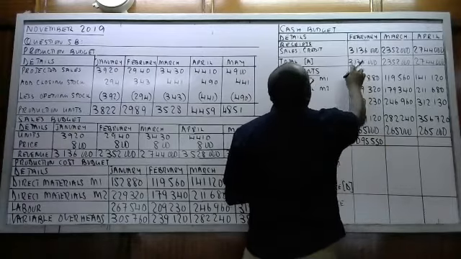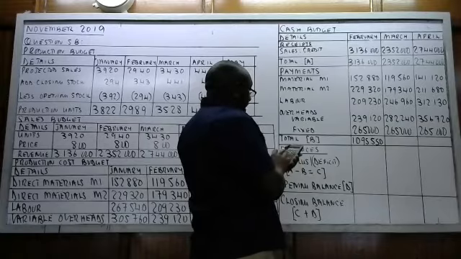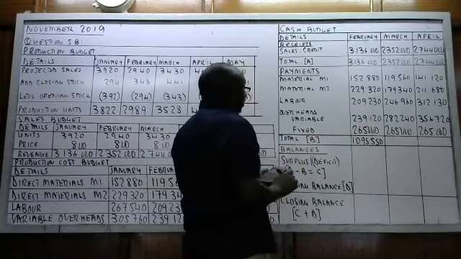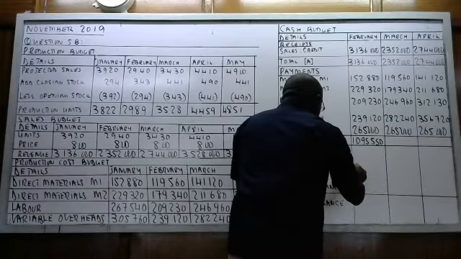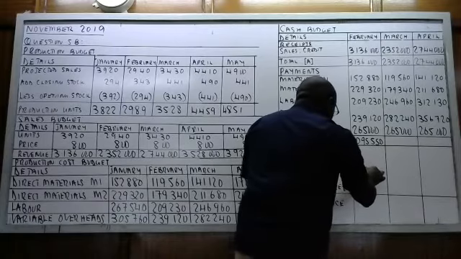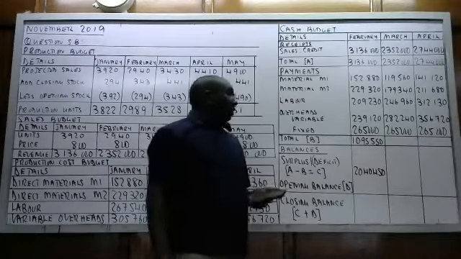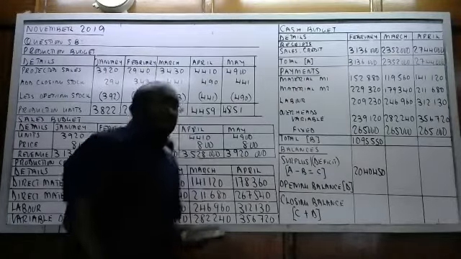Subtract that from this revenue, 3,136,000, minus the answer. That gives us a surplus of 2,040,450. When we subtract, that is the surplus.